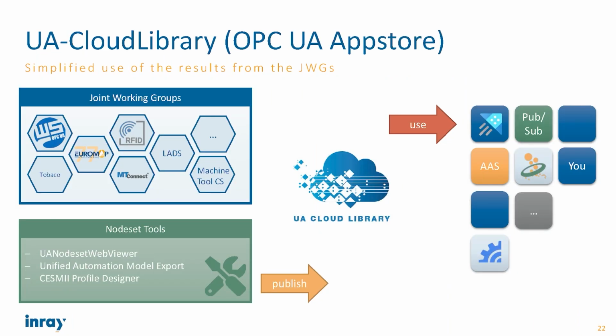And let's take a look at the output of the joint working groups, which through the UA CloudLibrary is made available to a bunch of consumers. So all of the great joint working groups where industry experts are designing specifications and using their expertise to define node sets, to define relations between those data points, and to define standards or standardized node sets, standardized information models.